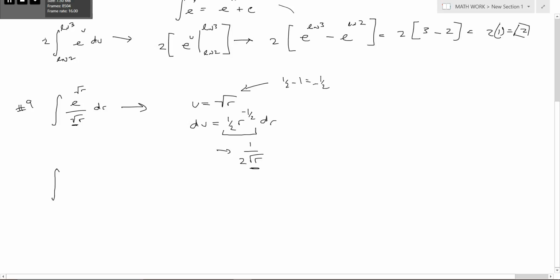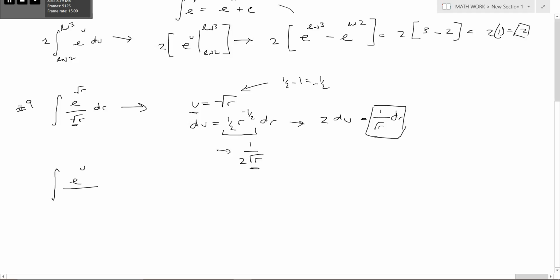Oh, it's e to the u, because we have u equals root r. And then I'm just going to put dr. Oh, we can take this like this, watch. We're going to simply move the 2 over, and just have 1 over root r dr. So this entire bunch of stuff right here is actually present in the original integral.